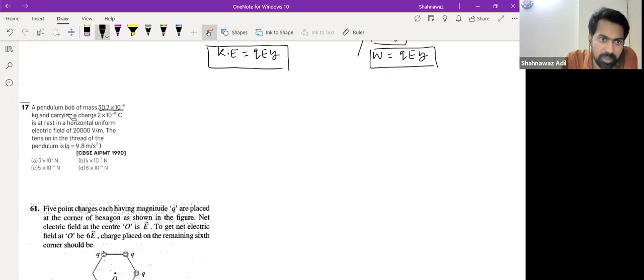So a pendulum of mass is hanging with a thread, and let us draw this. So let's say you have this thread, and some charge is hanging. Okay, and then you have this electric field.